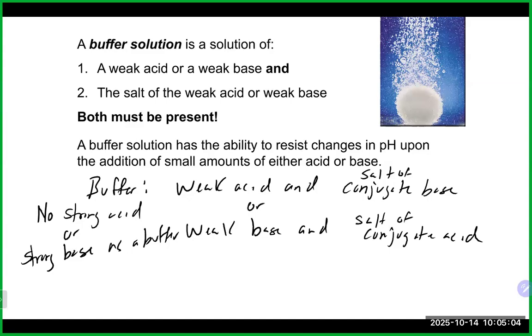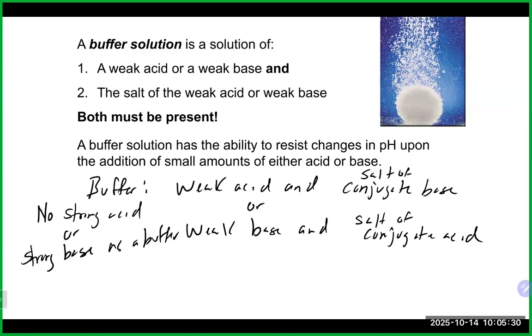It will not be a buffer. Although we'll talk about it, you can use it to make a buffer, but it cannot still be present to be the actual buffer. So what does that mean? It means both of those things need to be in solution at the beginning, and that's really important for how a buffer works.